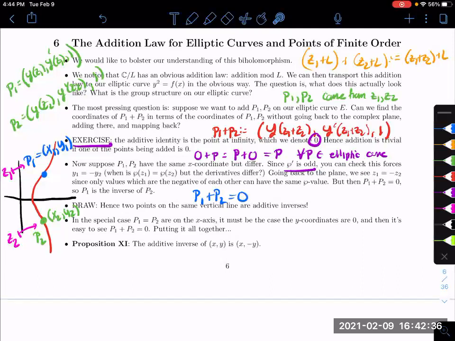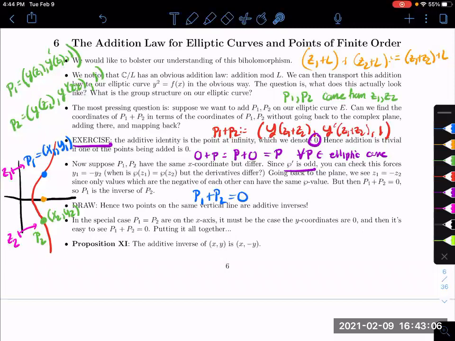And when people are doing the addition law, a lot of the times what they like to do is they like to sort of imagine the point at infinity as temporarily living on the x-axis, just so that they can view adding these 2 points as like collapsing them down to the point at infinity. And then you can just move this orange point around as you see fit. I mean, I don't do that, but there are people who do that, okay? Another way of thinking about it is, well, no, I won't spoil that.